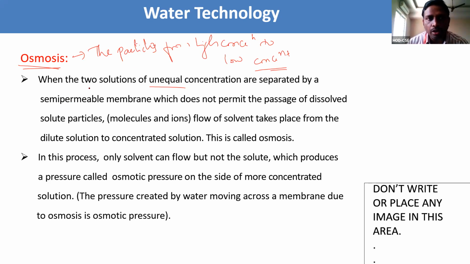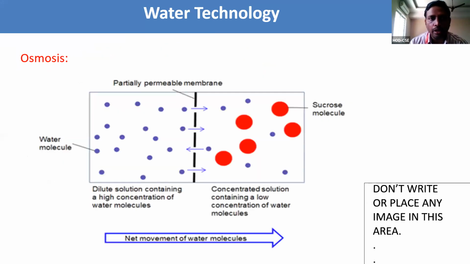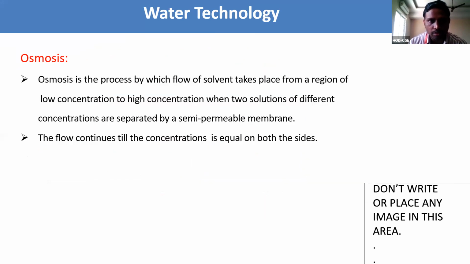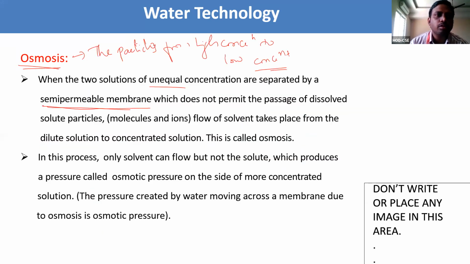Two solutions of unequal concentration are separated by a semi-permeable membrane. This membrane is made up of cellulose acetate. It helps the movement of particles from one end to the other. The membrane does not permit the passage of dissolved solute particles like molecules or ions.